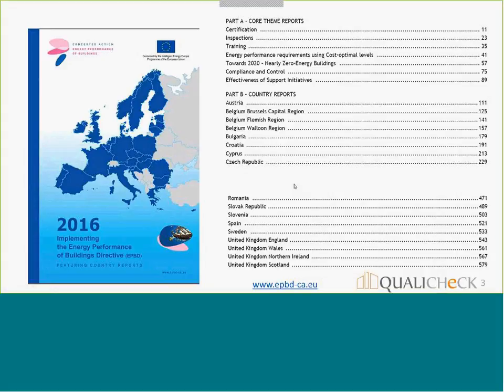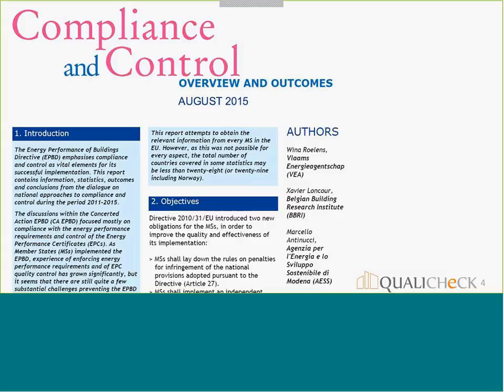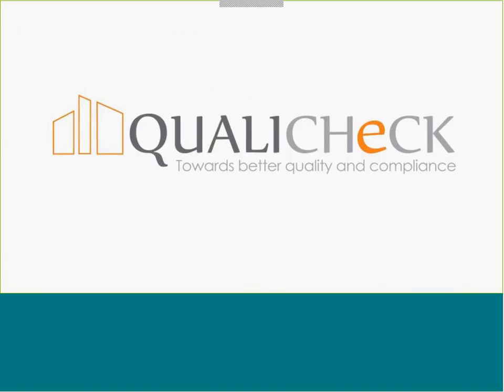As I said, there is a specific chapter dealing with the topic of compliance and control, which is very closely linked to what we discuss in the QUALICHeCK project. QUALICHeCK is an EU-funded project which aims, as the subtitle indicates, to come to better quality and compliance in the context of the EPBD.